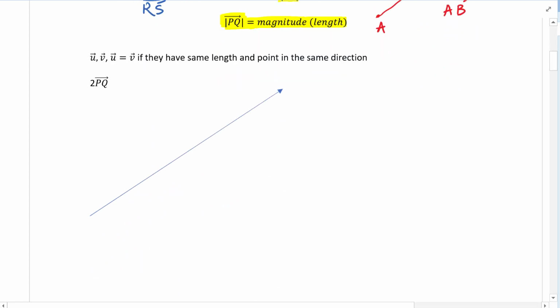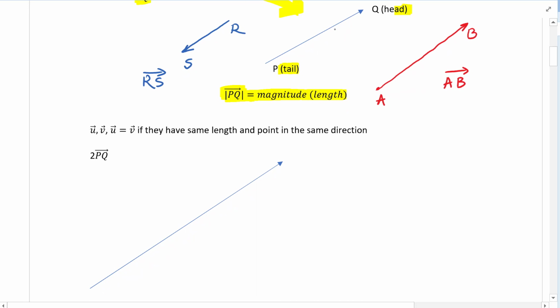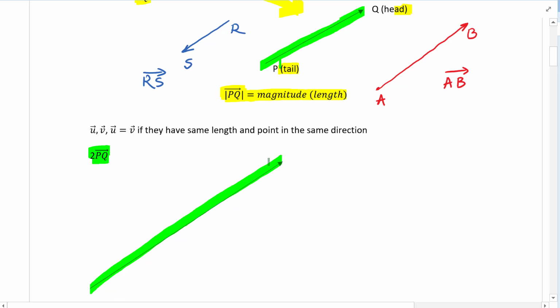So if I want to, for example, we have the PQ that we have here, this one in green. And if I want to find 2PQ, well, I would have the PQ and then double that, and this would be 2PQ. If I want to find 1/2 PQ, then I would have my vector that we had before, but we would draw just half of it.